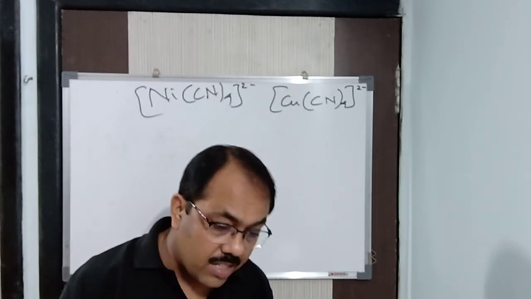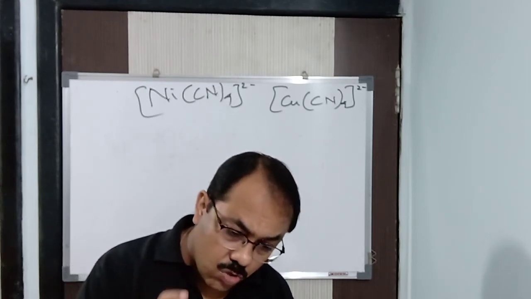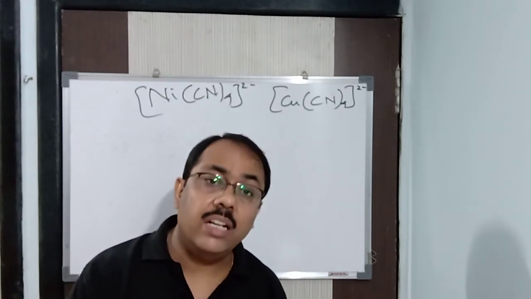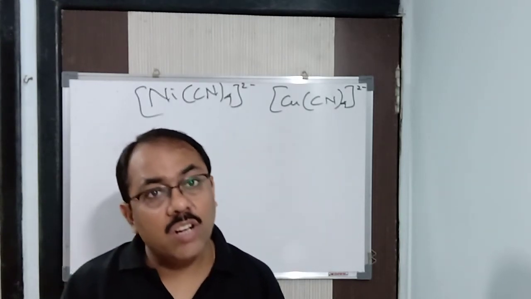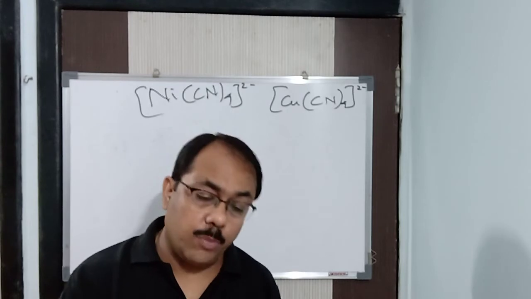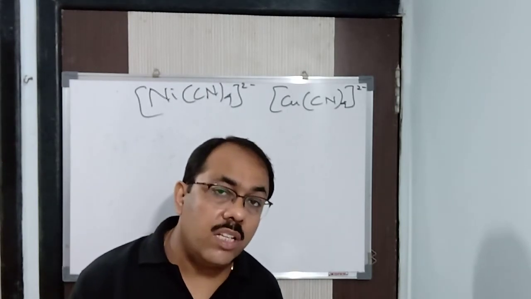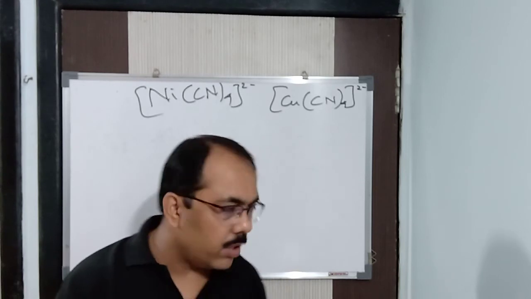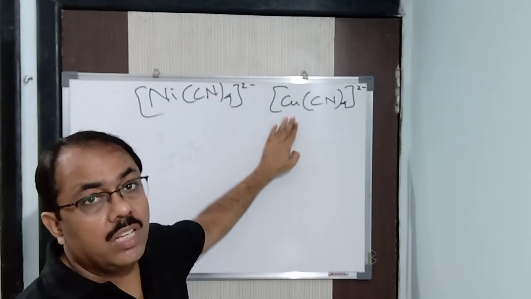But the condition is that the atom which shows dsp2 hybridization must have a d subshell present in it. Suppose a charged species is there but the atom does not have a d subshell, meaning the atomic number is not such that it has a d subshell, then how will it show dsp2 hybridization? Are you getting my point? Here nickel, the atomic number is 28. Copper, the atomic number is 29.